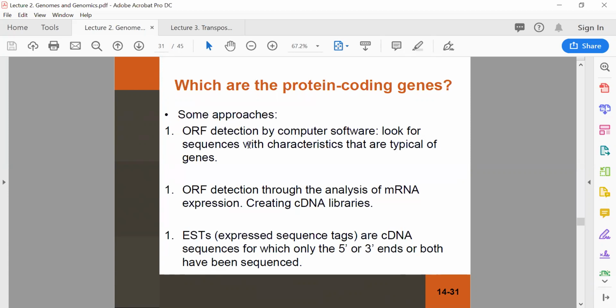And these open reading frames can be determined to a certain point by certain computer software. And that software has been designed to look for DNA sequences with certain characteristics that are typical of genes. As I said, they look for particular start codons and stop codons to be present.